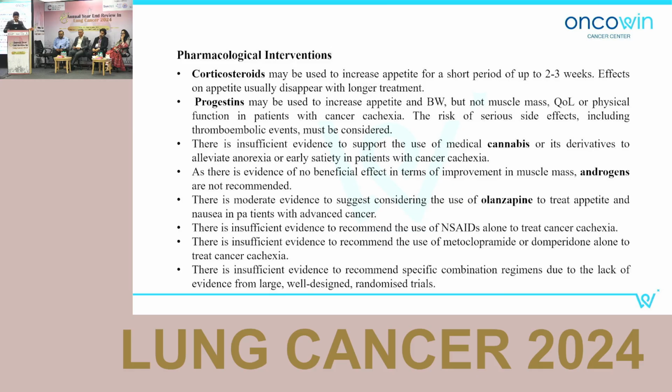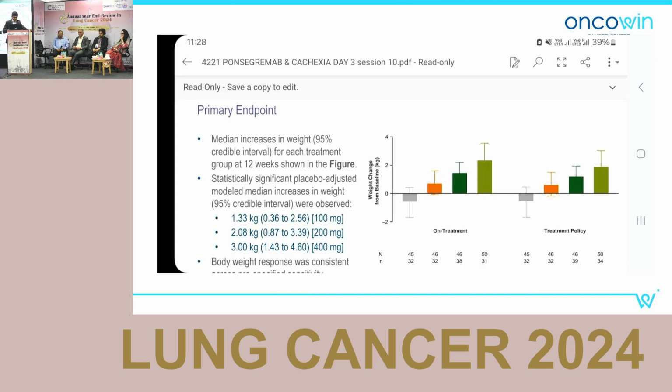So eventually in clinic, olanzapine is something which we now liberally give. Megestrol, as you told, is something which we tend to give, but probably these two are the only pharmacological interventions, and we know in practice it helps for some weeks or so.